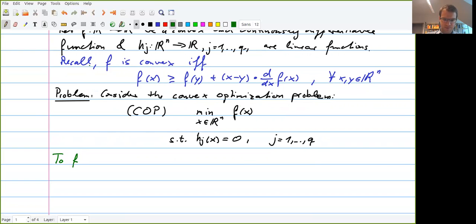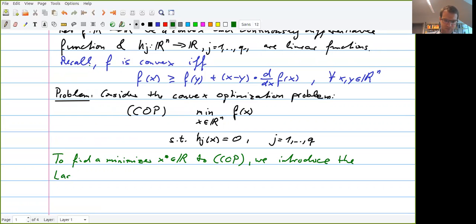So to find a minimizer x star to our COP problem, we introduce the Lagrange function, usually denoted by L, which has as the pre-image R^n, the pre-image of f, and then all the constraints.